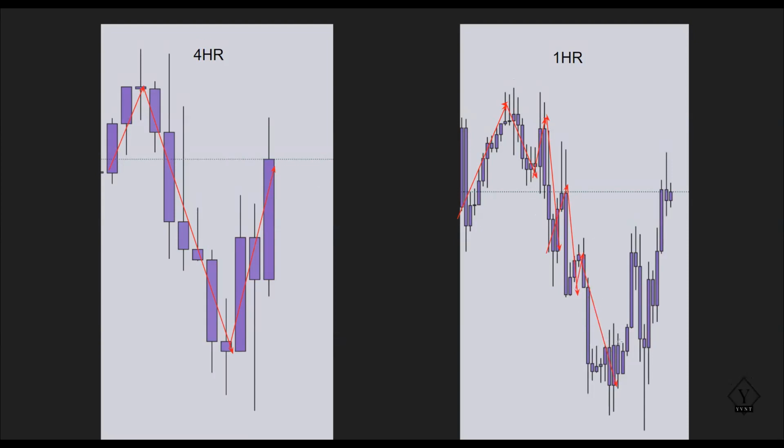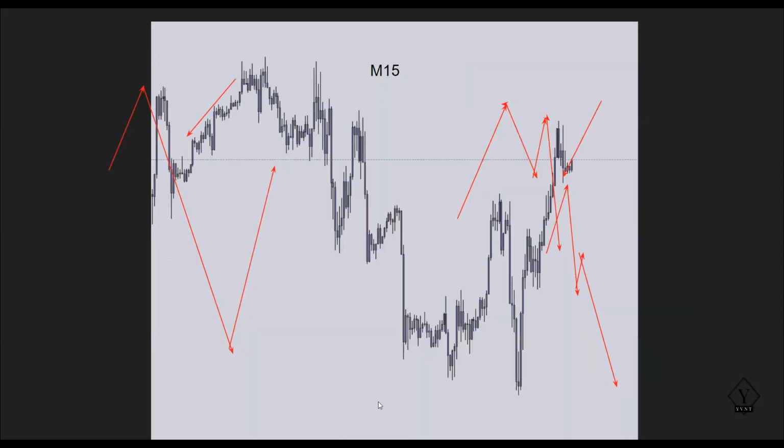The lower time frame you go, the messier things are, but the easier it's going to be for you to catch trades, right? So you need to train your mind to be able to identify this on 4 hour and be able to take advantage of it on 1 hour or on 15-minute, around here, there, right there.